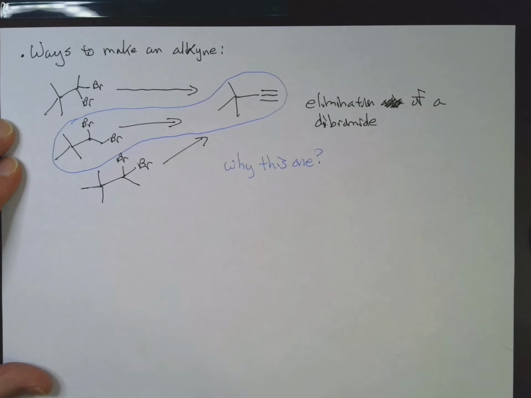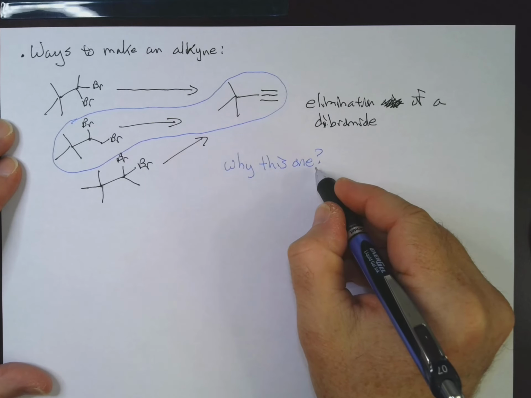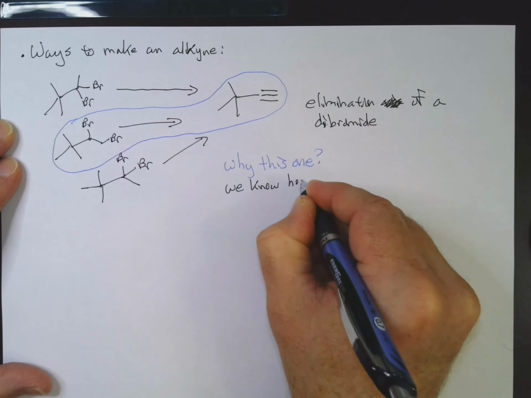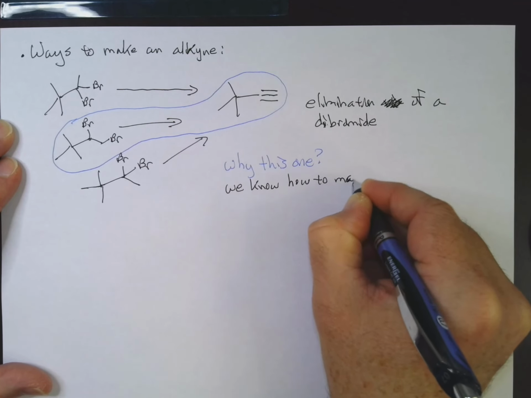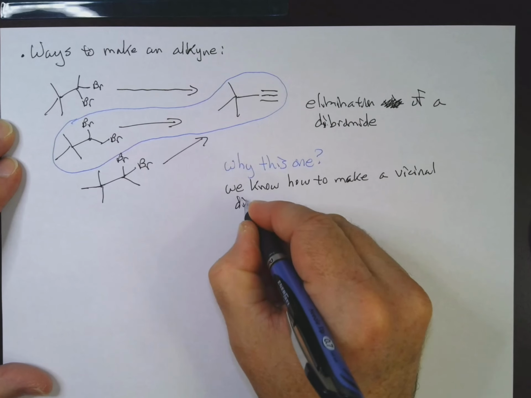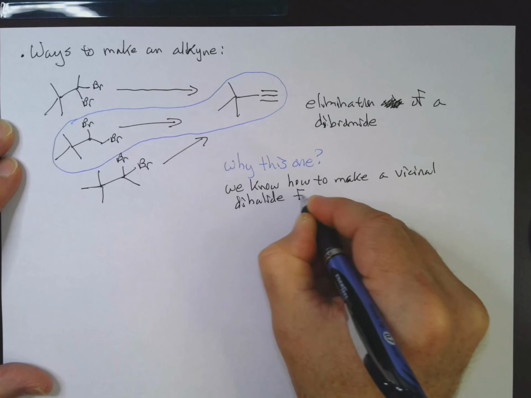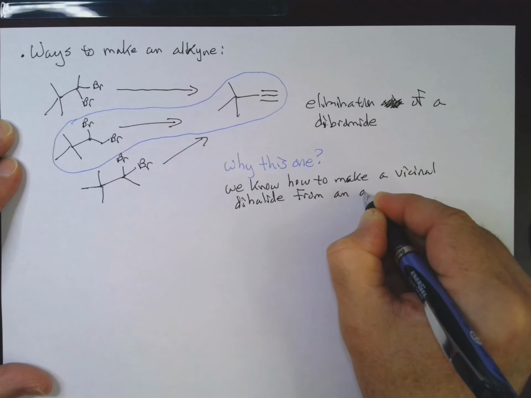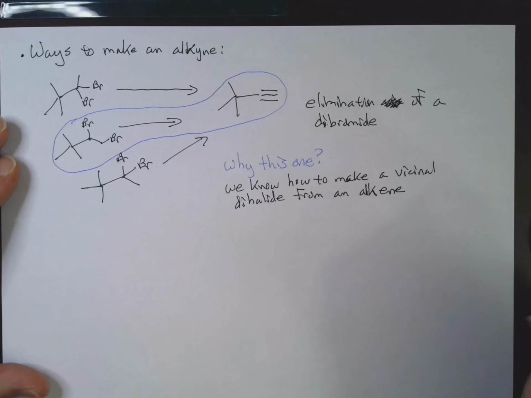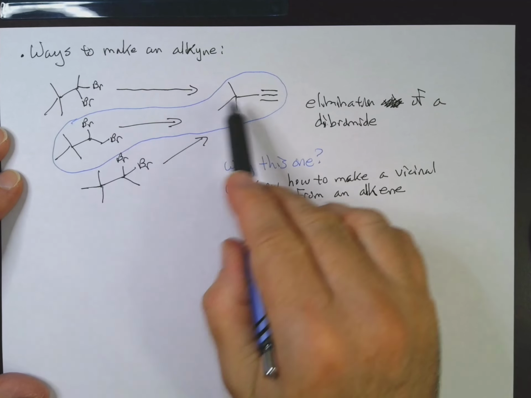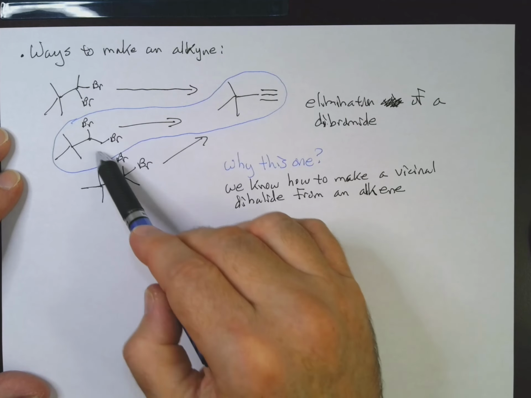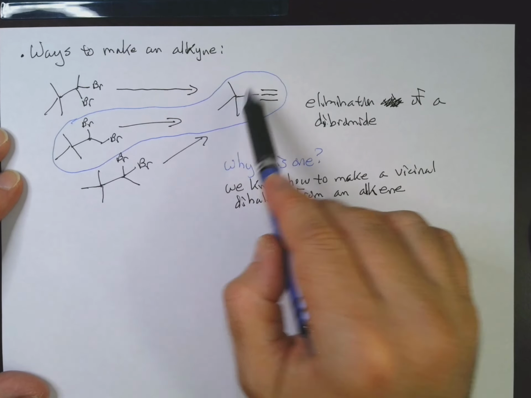Why that one? Well, we know how to do it. We know how to make a vicinal dihalide from an alkene. So you have to think about possible ways to make a product in a given step, and then which starting material you actually know how to turn into that product.